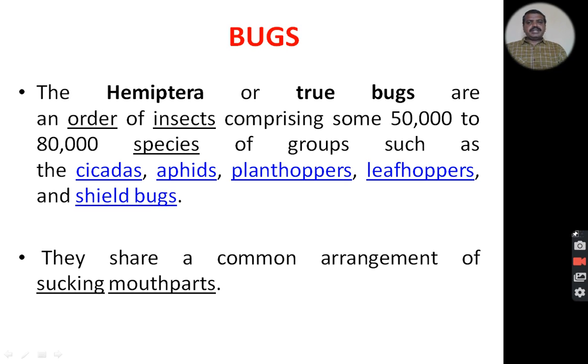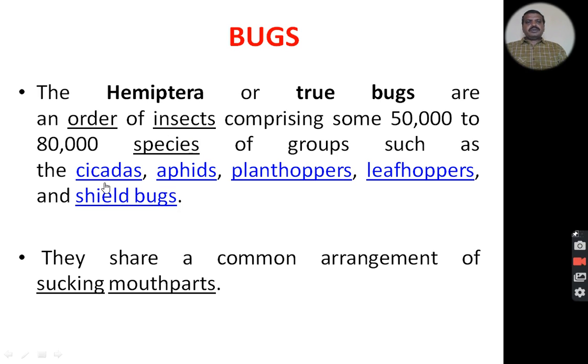Wings are completely absent here, okay. So they are the true bugs. This order of insects comprising about 50,000 to 80,000 known species were recognized, okay, and they are kept in a single order, what is called as the Hemiptera, okay.